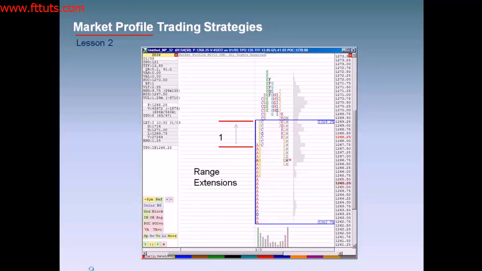All right, and the next range extension is the C period, and notice how it takes me even above the initial balance. So this is definitely a bullish day. Now, my third extension doesn't happen in the D period, in the fourth period. On the contrary, in the D period, we had just a tiny little print outside the range, and a lot of amateurs would have been thinking, aha, this is the point I sell.